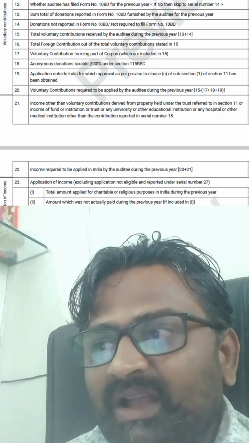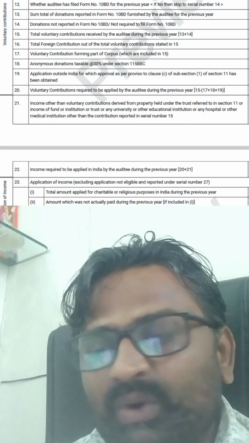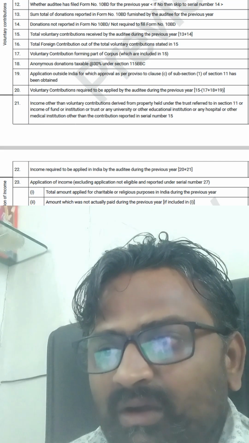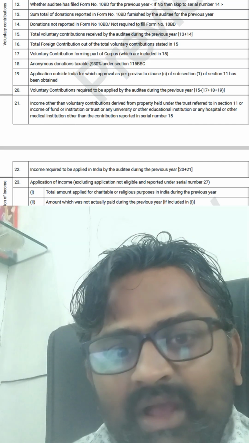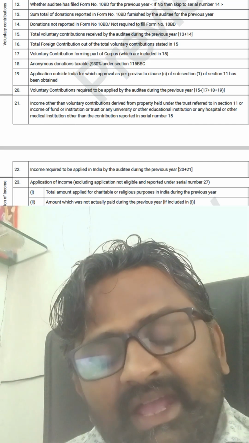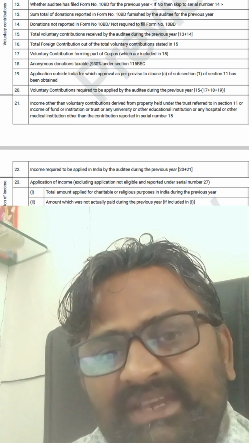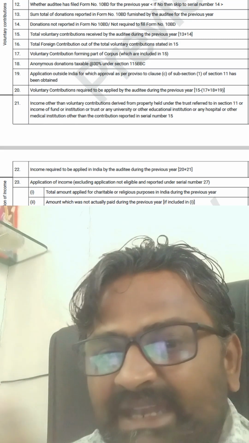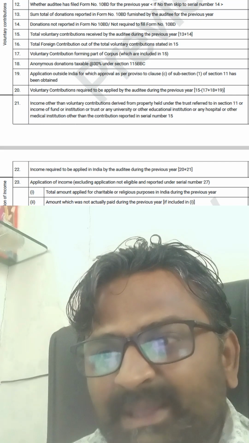Then the sum of that total, then the application of that, and other items like any other income forming part of the balance sheet, profit and loss, or receipt and payment account of the trust, you are supposed to disclose separately.